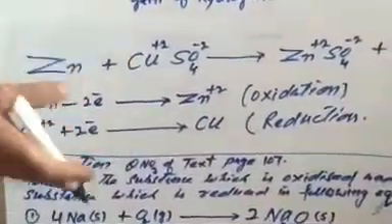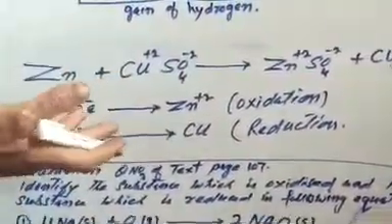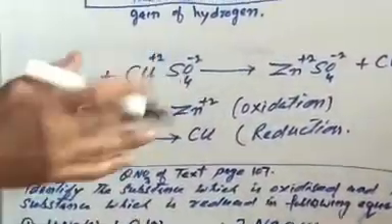Now focus down. Now consider the following reaction so that you will understand the phenomena of oxidation and reduction in terms of electron gain and loss.